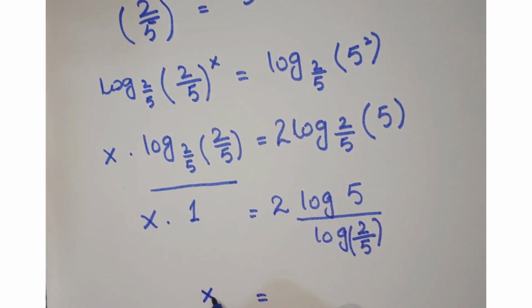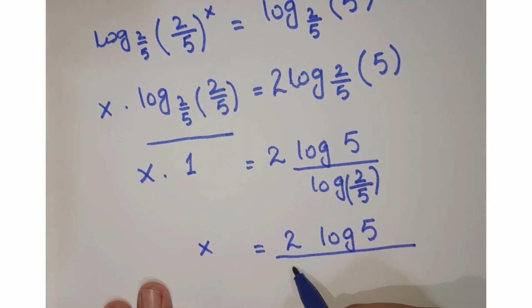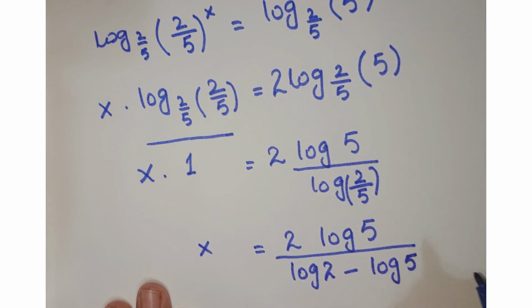Further, this x into 1 is x, so x equals 2 log of 5 upon log of 2 minus log of 5.